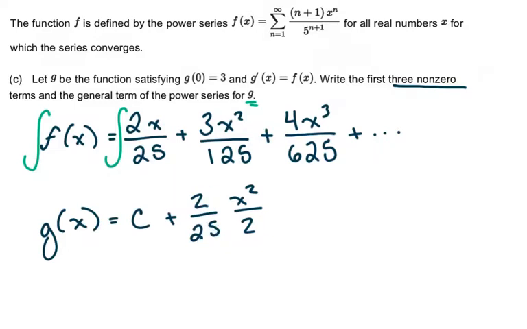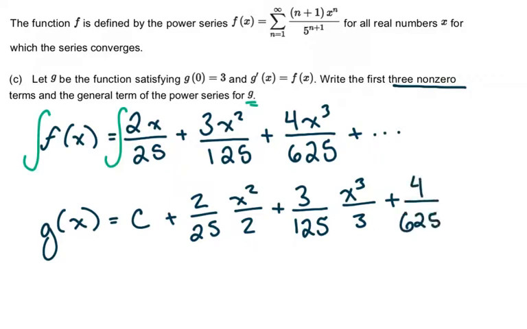So here's your constant, and then here's the integral of that term, plus 3 over 125 x cubed over 3 plus 4 over 625 x to the 4th over 4, and so on.